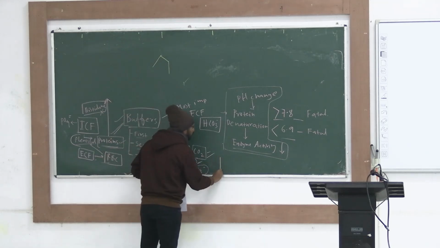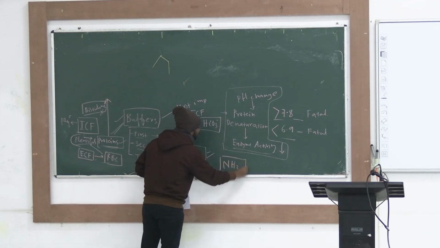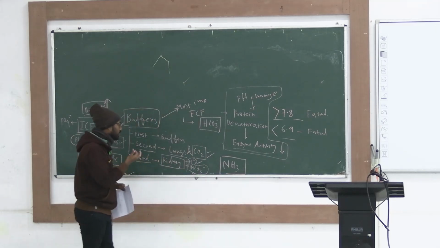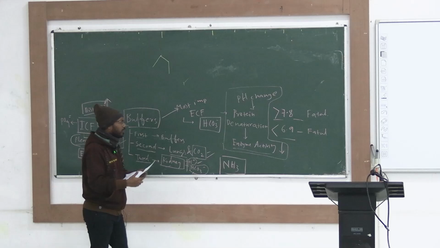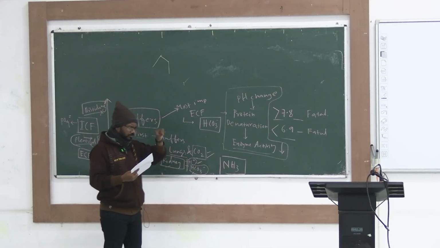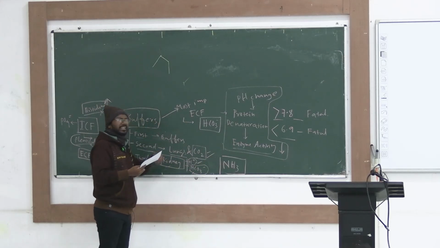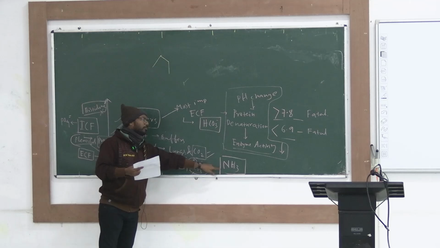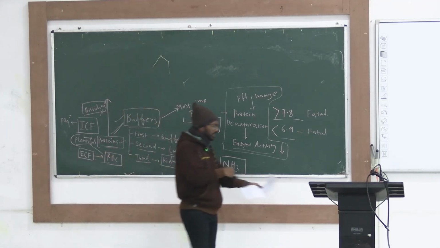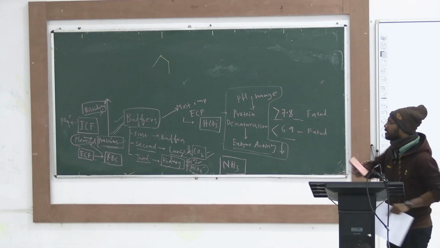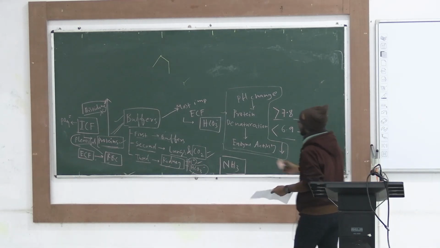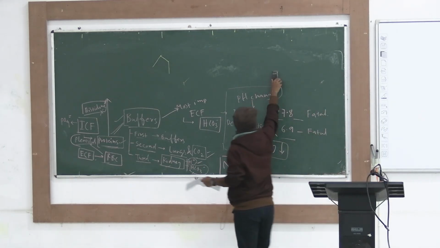Another very important urinary buffer is ammonia. We call it a urinary buffer because it comes into action only in your kidneys, not the urinary tract. So that's why ammonia is another very important urinary buffer. How it's important, we will study in a few mechanisms shortly, where we will see how they work and understand why.